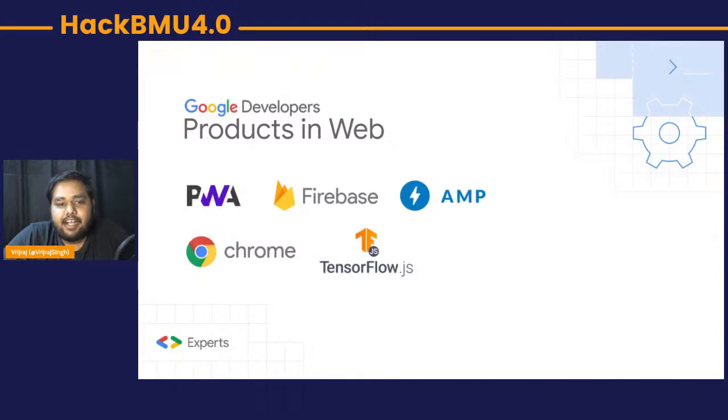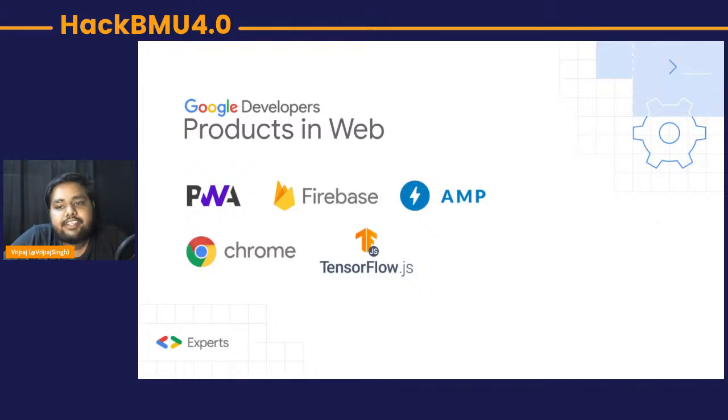So now, I'll talk about Google Developers products. As we know, we can create a website or any other web application with the help of backend technologies like Node.js, or we can use any database like MongoDB. Today, I'm going to talk about some Google Developers products, from PWA to the Google Chrome platform.